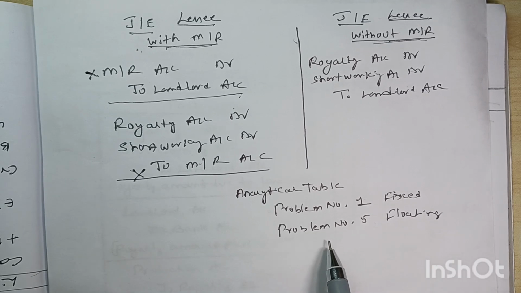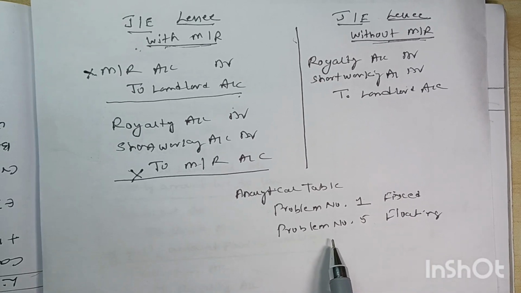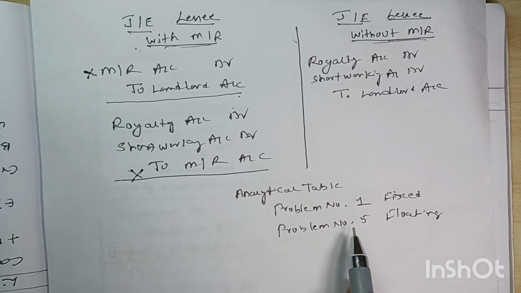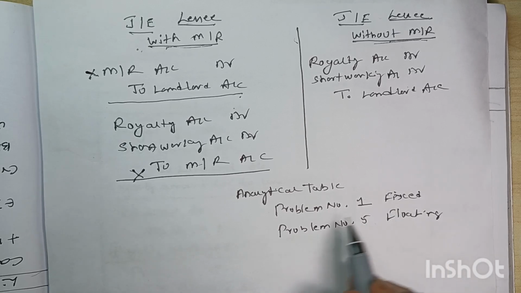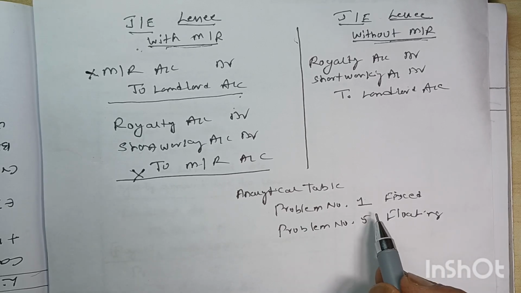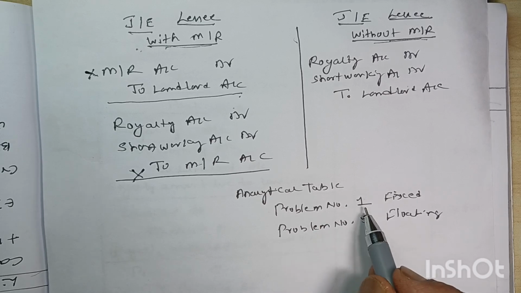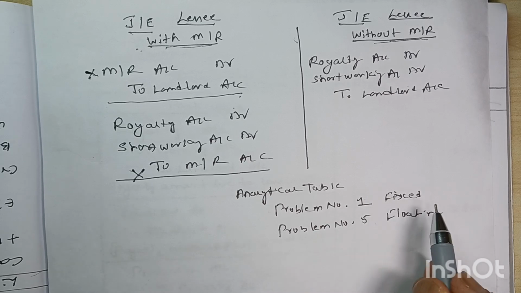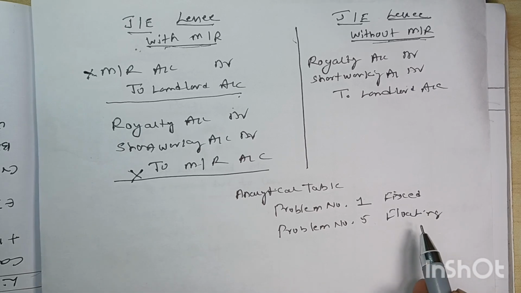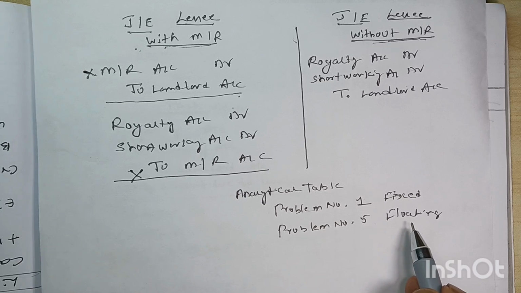For these question paper problems, I have written the journal entries in the books of lessee, and for problem number 1 I have prepared the ledger account also. So it becomes easy for your reference, to see how to prepare journal entries with minimum rent and without minimum rent.